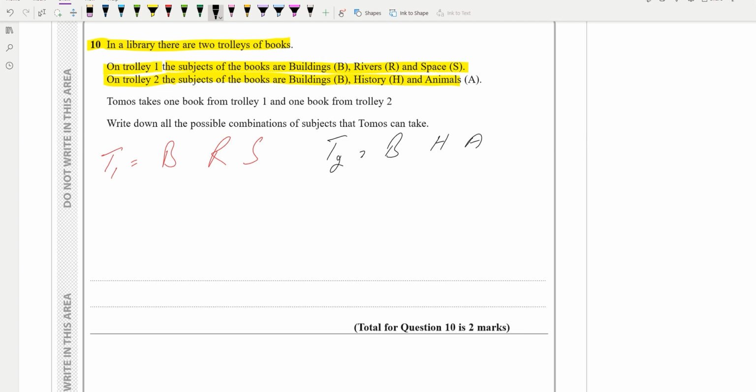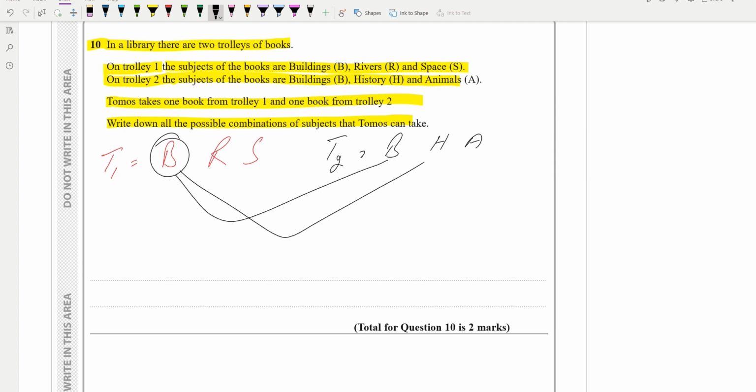Thomas takes one book from trolley 1 and one book from trolley 2. Write down all the possible combinations of the subjects that Thomas can take. We will combine this with this one, then with this one, and then with this one, and we'll get 3 combinations. Then we'll do the same thing with R and S also.